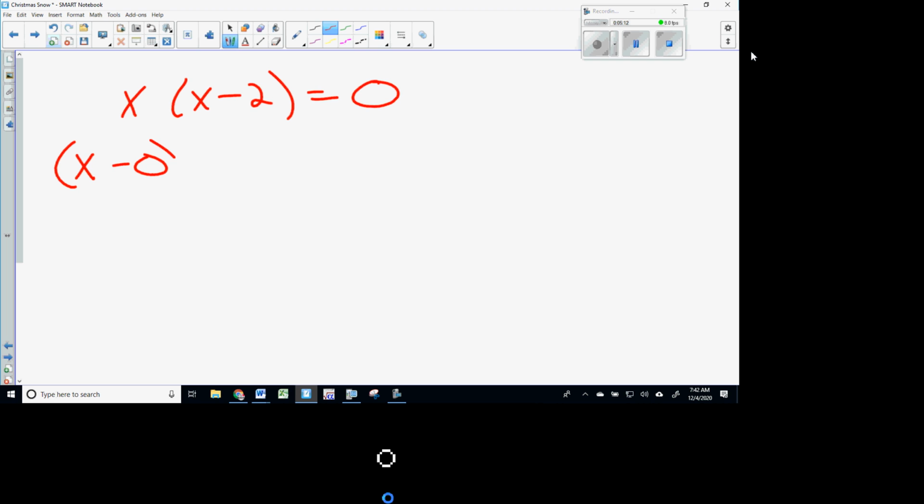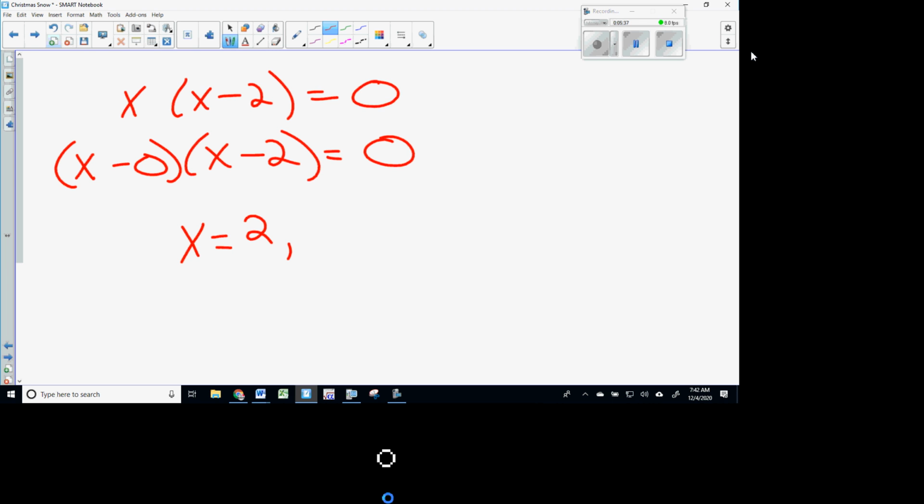You've got to distribute again. Does subtracting 0 do anything? No, right? So when you see just x, really what makes this 0? X minus 2, what's your x? 2.